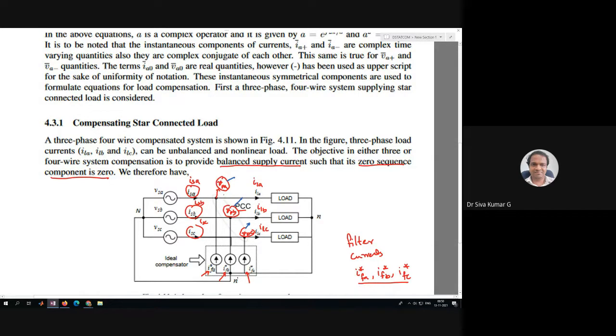unbalance might be a difference of something like Vm sine omega t, maybe Vm sine omega t minus 1. I'm just making out the voltages.